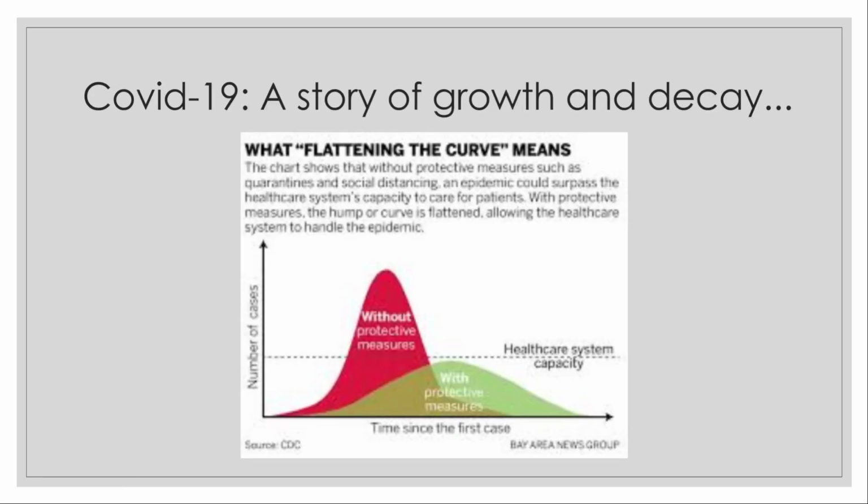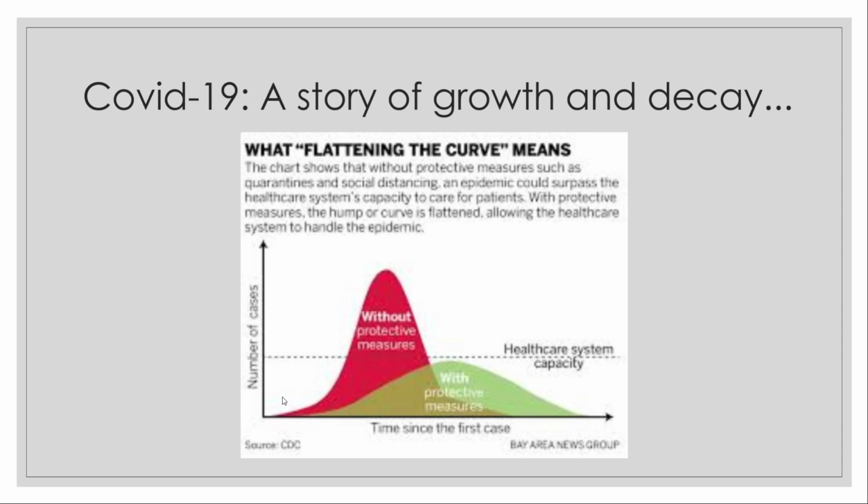So this will be the last slide here. Just a quick little touch on COVID-19 again. I did say this would be a little bit of a theme just because it does tie in so well with what we're learning in class. So you probably have heard in the news something about flattening the curve.